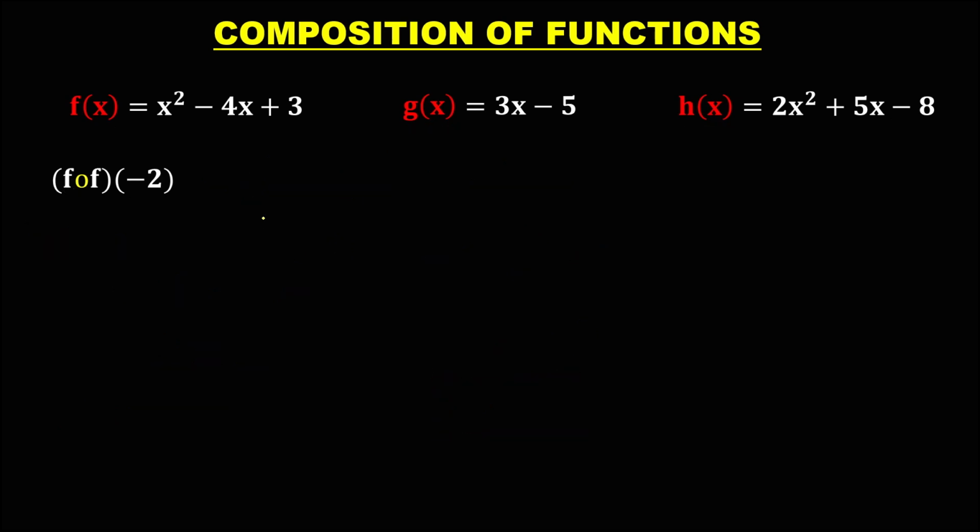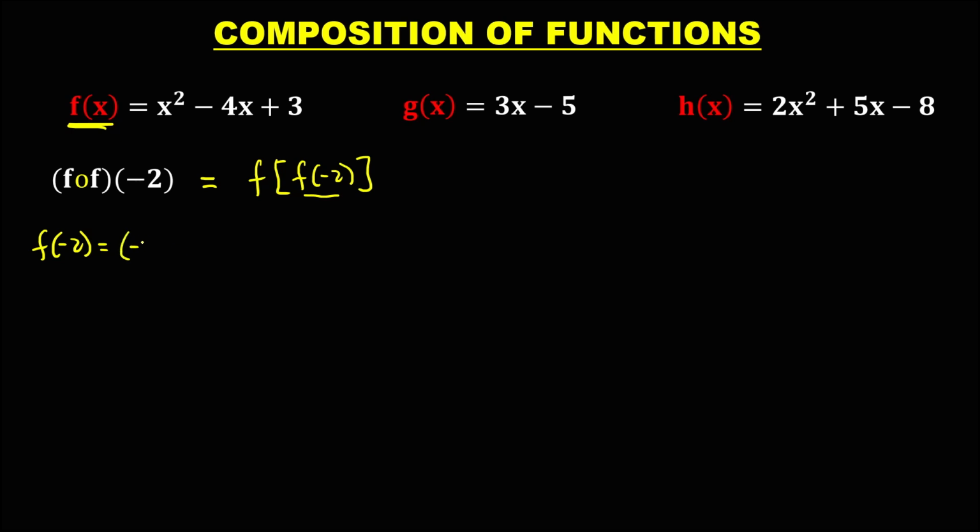Then for this composition, this is equal to f of negative 2. So first we need to find the value for f of negative 2. So from f of x, x is equal to negative 2.